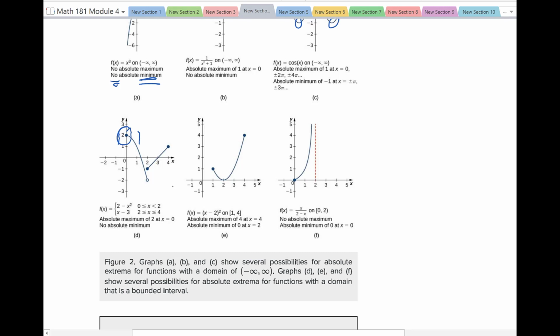But there's no minimum. And even though this does go down here, it's not a defined lowest value because it's an open interval. This has a smallest value. It also does have a largest value. And then this one has the smallest value, but it doesn't have a largest value. It just goes on forever up.